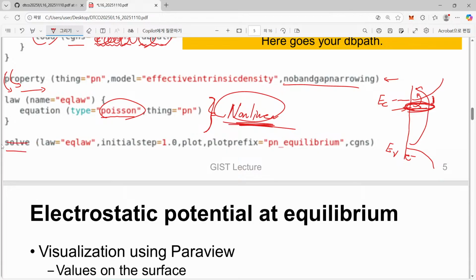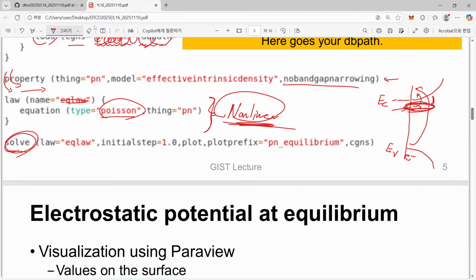If you eliminate this job, then you just declare the equation and do nothing. The actual solve happens when we have this solve routine, which specifies which equation is solved, this EQ law. For example, if I change this law name to just DC law, and keep this one, that will make an error message, because there is no law like EQ law. So you must synchronize them.